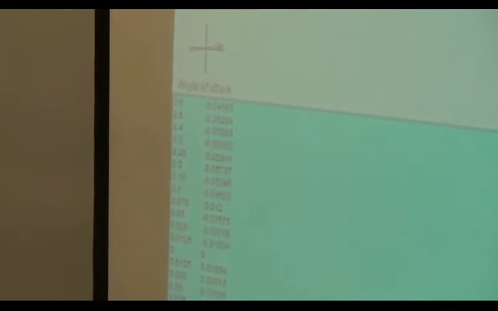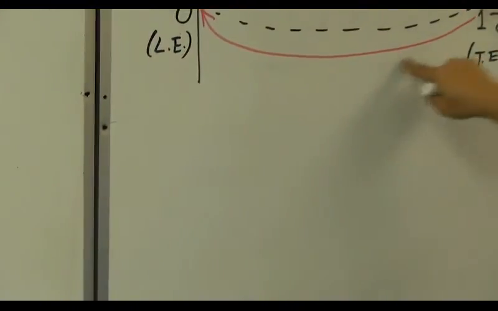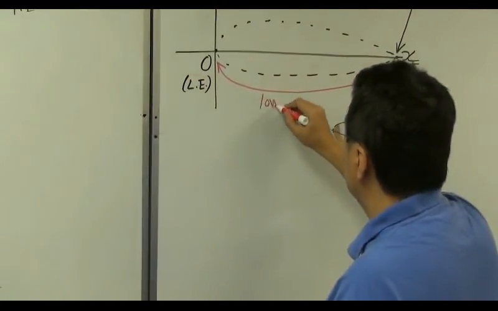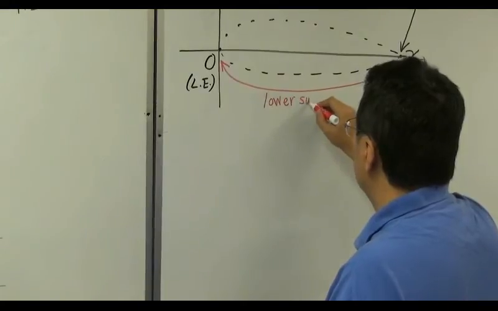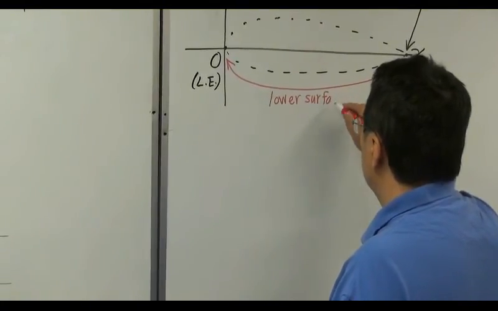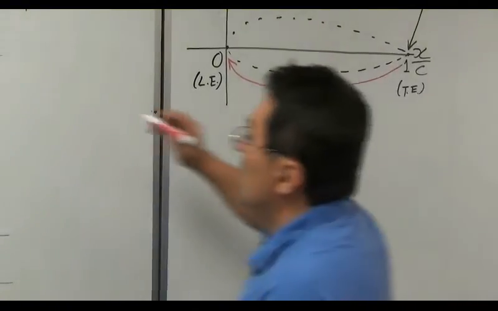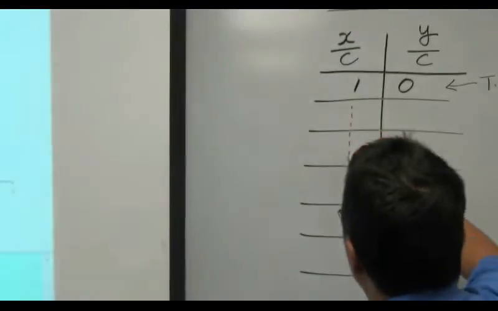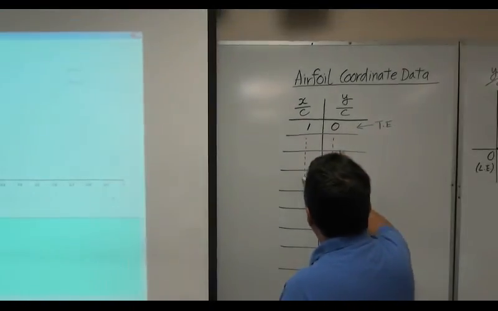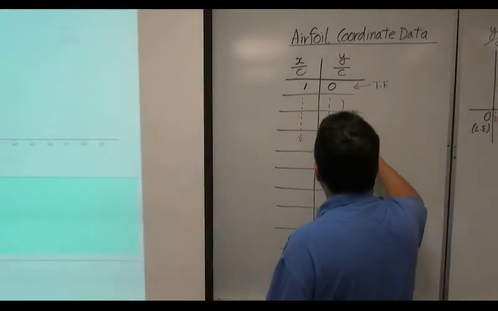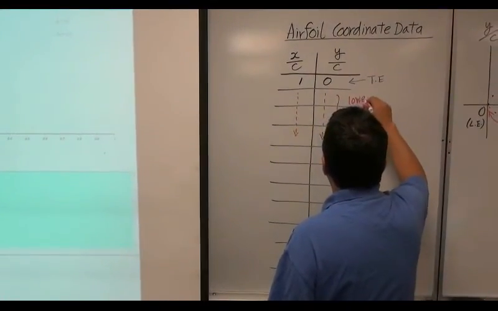So the data flows like this, starting from the trailing edge, going over the lower surface. So what you're seeing is lower surface data, right?